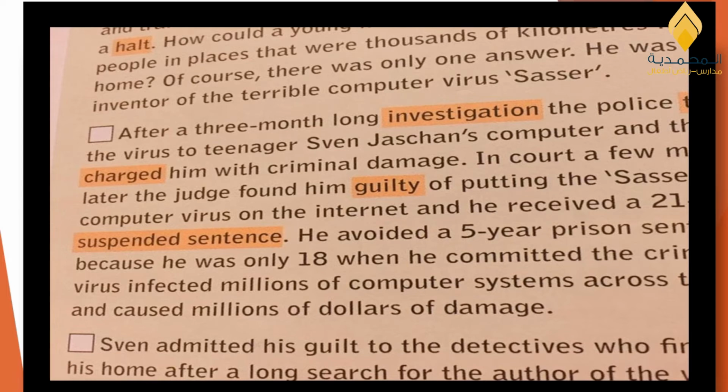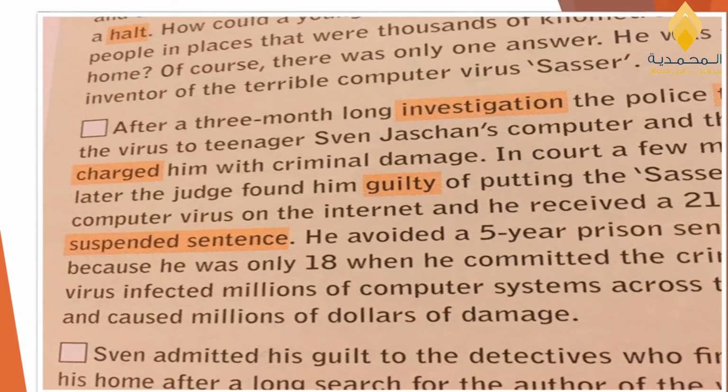So after creating the havoc, what happened? How long did it take them to find the criminal? A 3-month-long investigation. So they took about 3 long months and they did a lot of investigation. What do we mean by the word investigation?